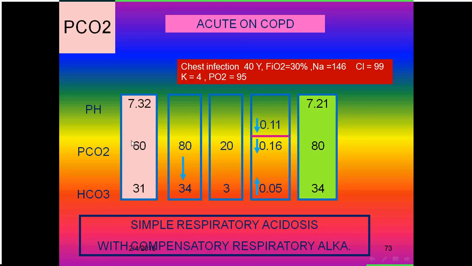We know that an increase in the partial pressure of carbon dioxide by 1 will be associated with a compensatory increase in the bicarbonate by 0.35. So this 7 increase in the bicarbonate will be due to an increase of about 20 millimeters of mercury of carbon dioxide. So the carbon dioxide in this case is 20 plus 40, which means 60. So I expect it to be 60.